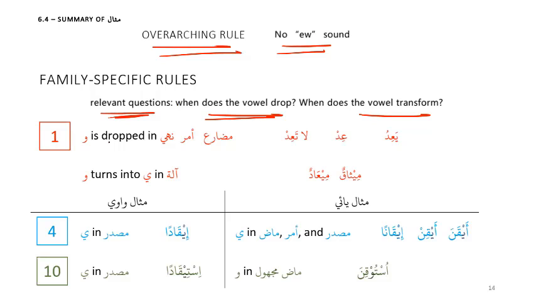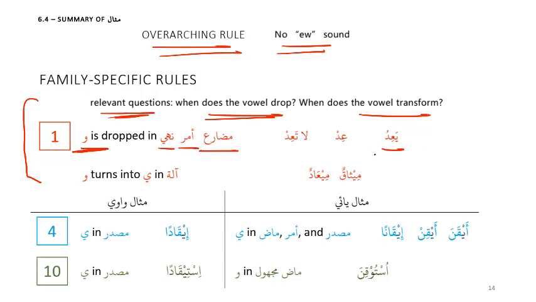Again, I'm just recapping what we've discussed. So if you have Salasi Mujarrad, so that's what we are talking about over here. If you have waw in the beginning, so this is mithal wawi, then the waw is dropped in the fail mudare and the fail amr and nahi.